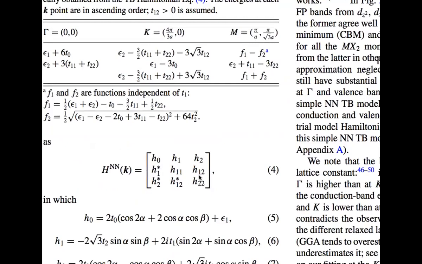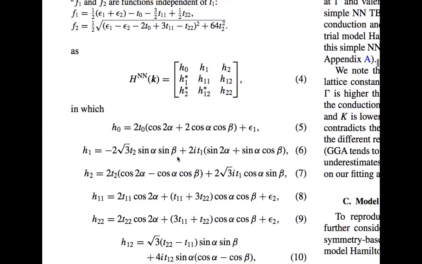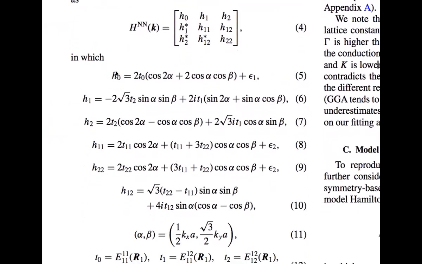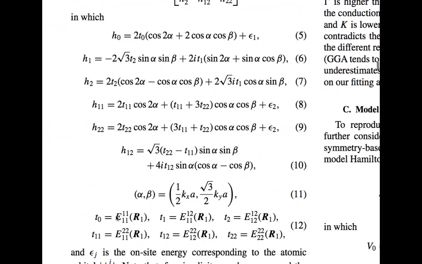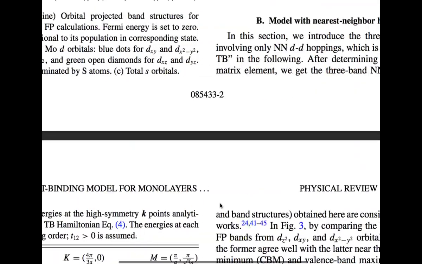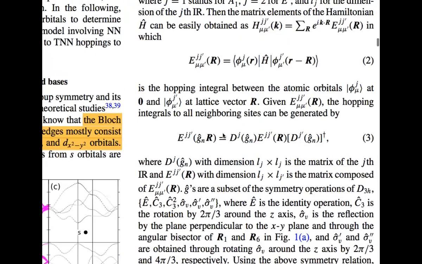Okay, so there are totally 6 independent elements because these 3 are just complex conjugates of the other 3. Okay, there are 6 of them: 1, 2, 3, 4, 5, 6. Okay, so these are the elements. And then inside you have this t, which are just hopping parameters. So these are all hopping. So you define the E. The E is defined here. The E is defined here.